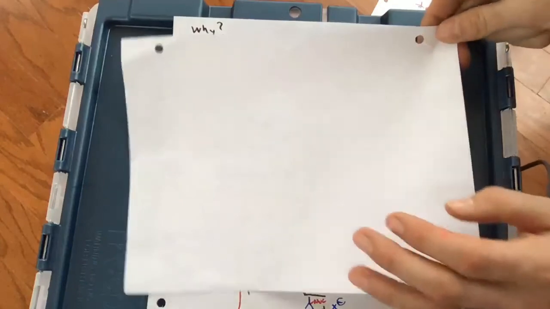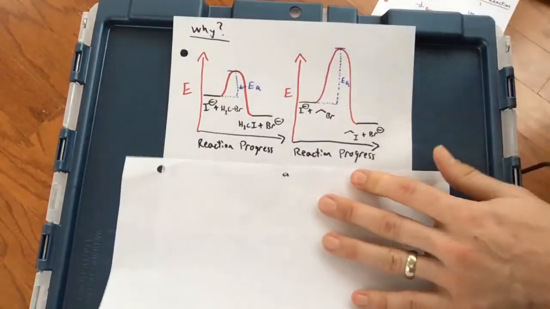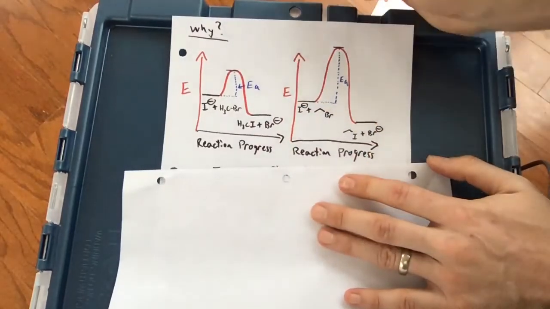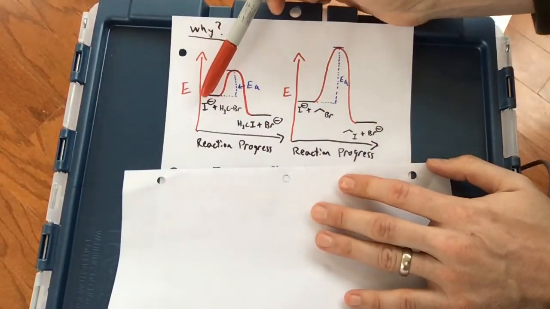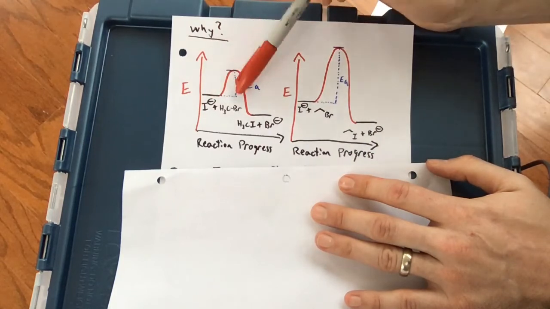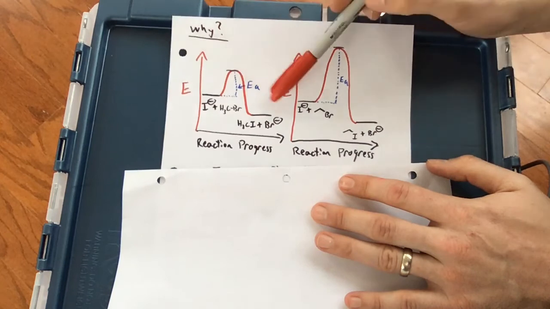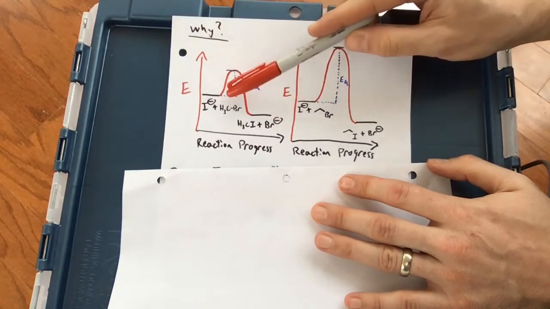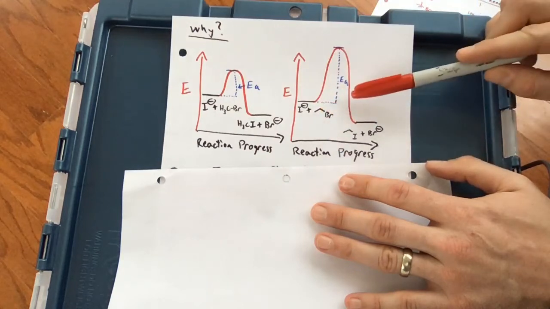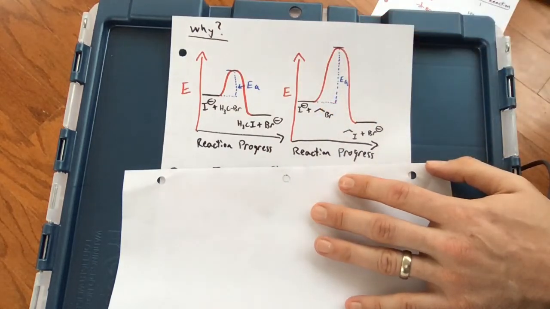And it becomes pretty clear if we draw these out, because if we consider that the reactants here, iodide plus the methyl bromide, have some activation energy before they reach the products, and then we add steric bulk by just adding one methyl group on there, there's a huge change in activation energy.